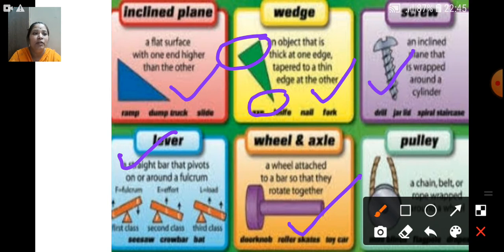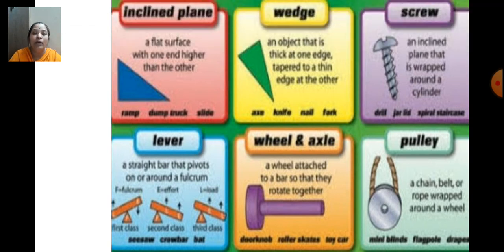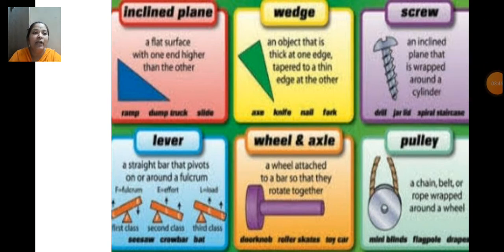Pulley, a chain, belt or any rope wrapped around a wheel, right? See here, it is a chain, it is a rope that is wrapped around the wheel. So what is a pulley? A chain, belt or a rope that is wrapped around a wheel. So these are all the 6 simple machines.